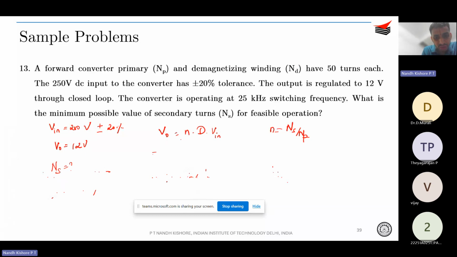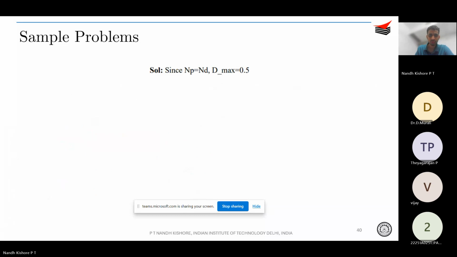Okay, so V naught is always 12. 12 is equal to N into D into V in. Okay, fine. So one thing that you know is for proper flux reset, correct?